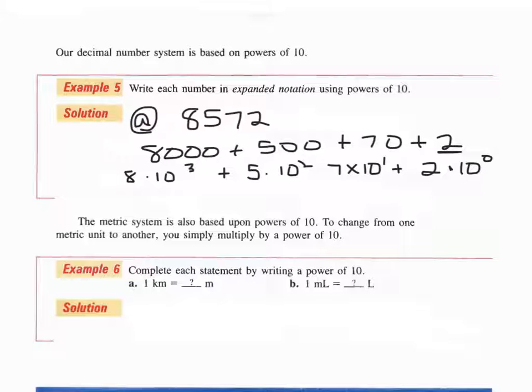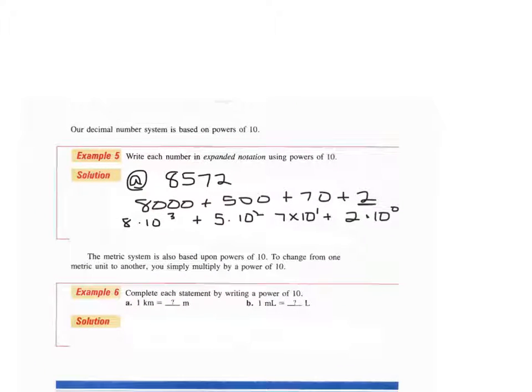For example B, it's now a decimal, so 0.3946.